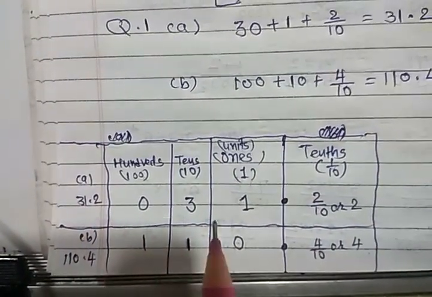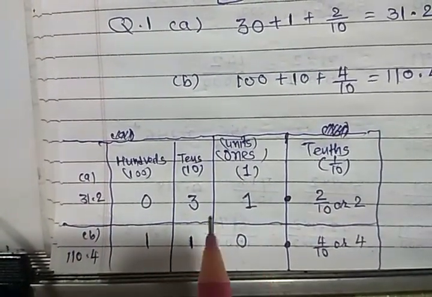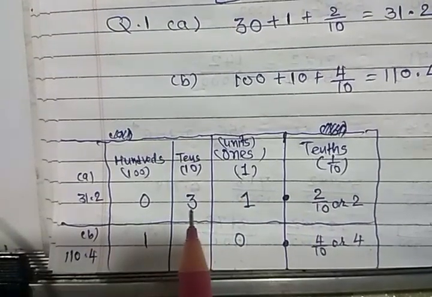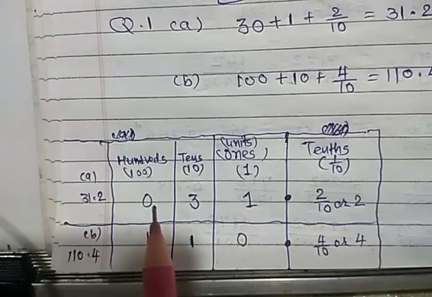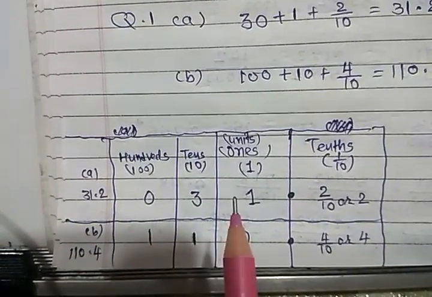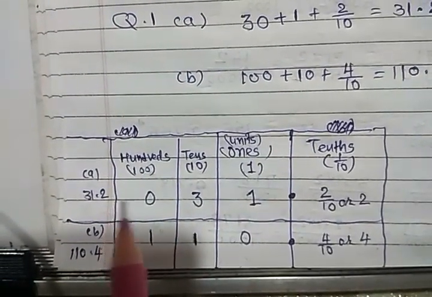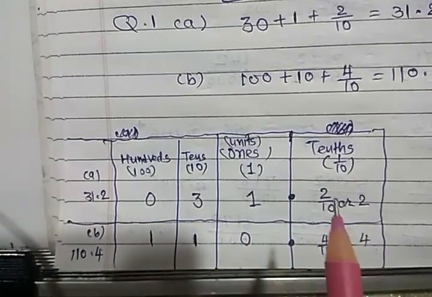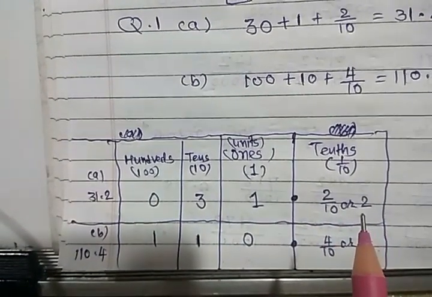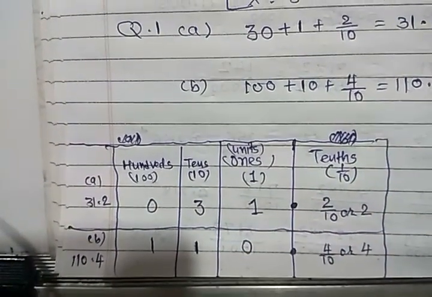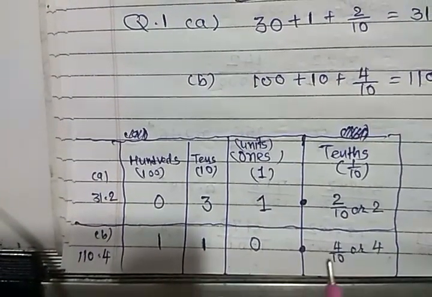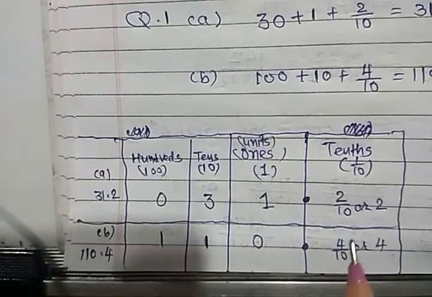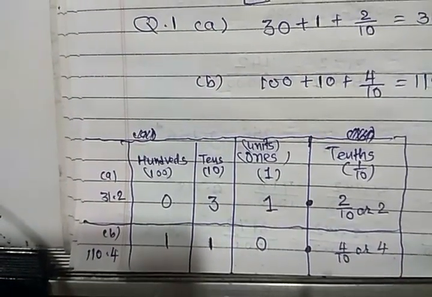Now 31.2 means 1 is in the unit place, 3 is in the tens place, and here no number is in the hundreds place, so we put 0 here. Now 2 is in the tenths place, so 2 upon 10, or you can write 2. And the next is 110.4, so 4 upon 10, or you can write 4.